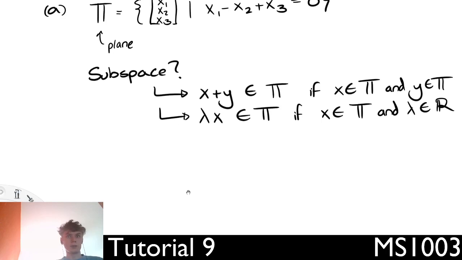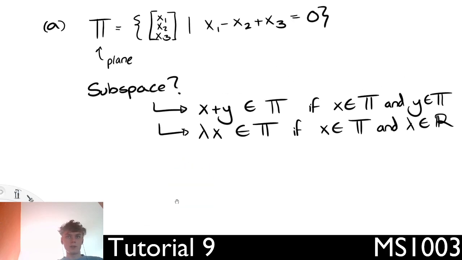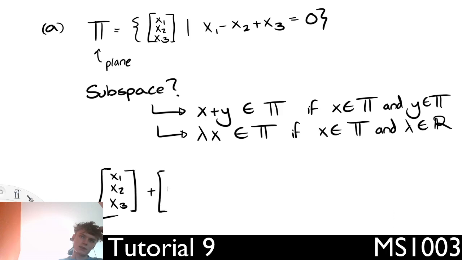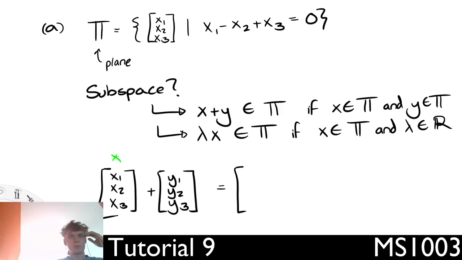The easiest way to do this would be, if I take x1, x2, and x3, and I add y1, y2, and y3, where I'm just picking x to be any element that's in the plane, x in the plane, and y also in the plane.